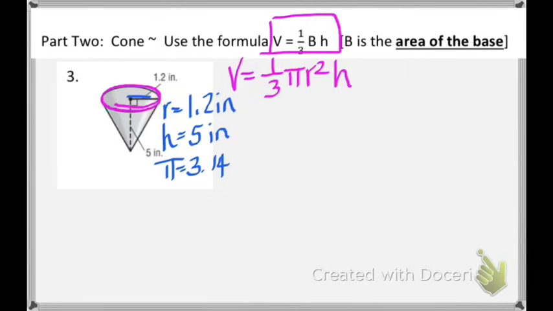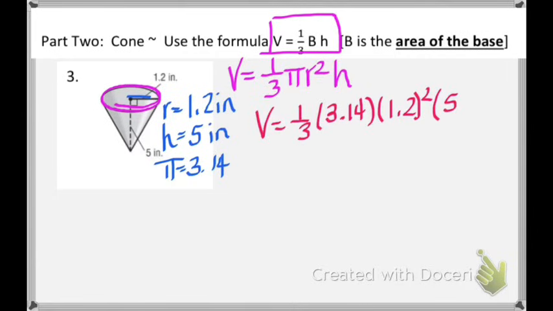So see if you can substitute those numbers into your formula to see what you get. When I did it, I got 1/3 times 3.14 times r squared, which is 1.2 squared, times the height, which is 5.